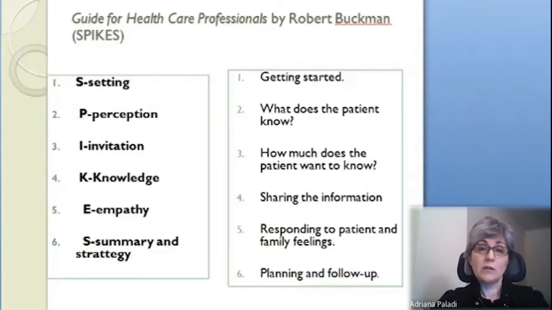Each letter designates a step in the session of disclosing bad news. The first step is setting, second, perception, third, invitation, fourth, knowledge, fifth, empathy, and the last stage, summary and strategy.